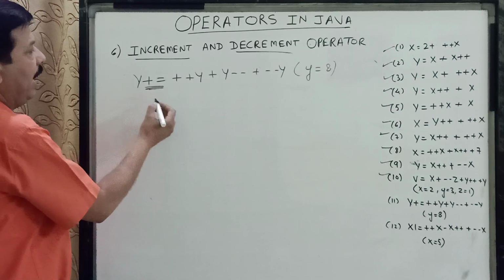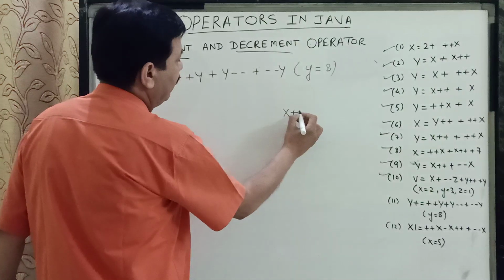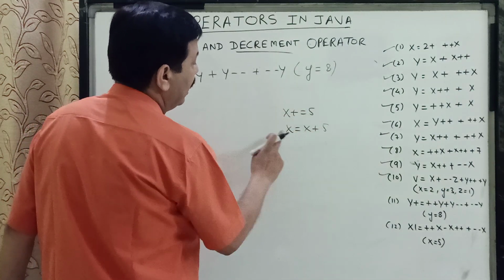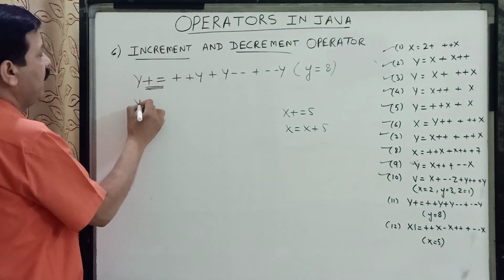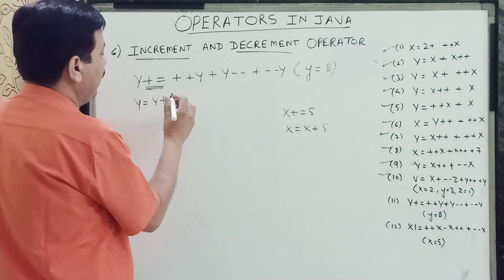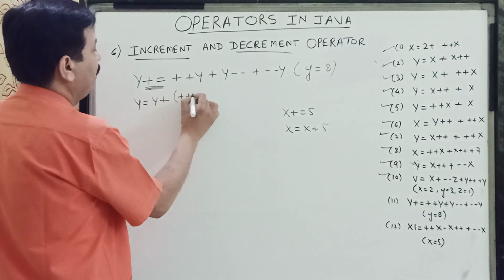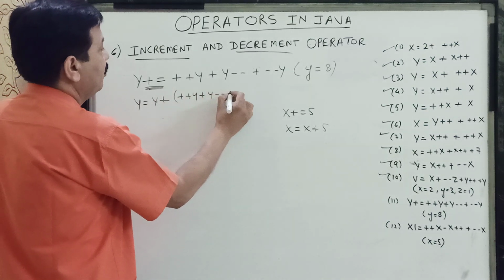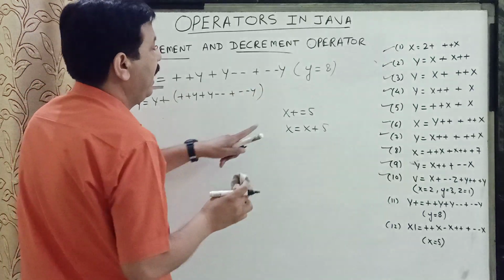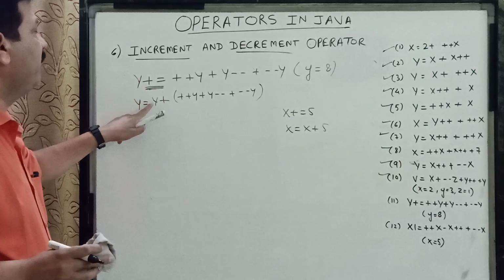As I have told you children, x += 5 we write is equal to x = x + 5. Now in this context, this means y is equal to y plus, and then we write this complete expression, that is y++ + y-- + ++y. This is how we write it according to plus equals to.